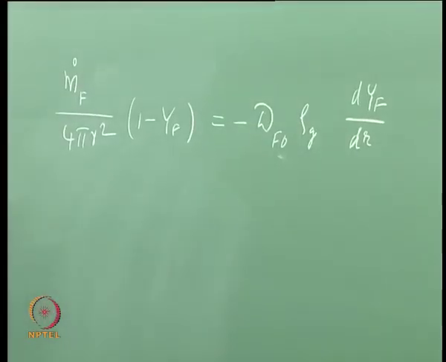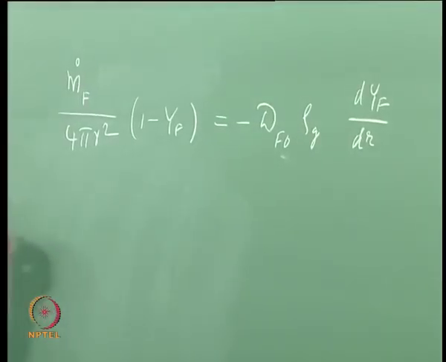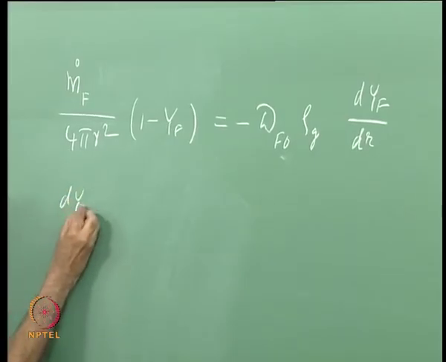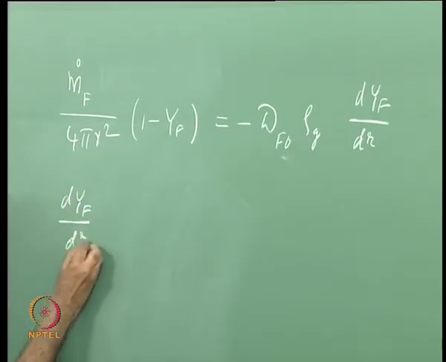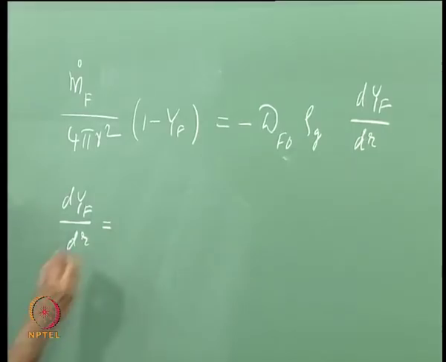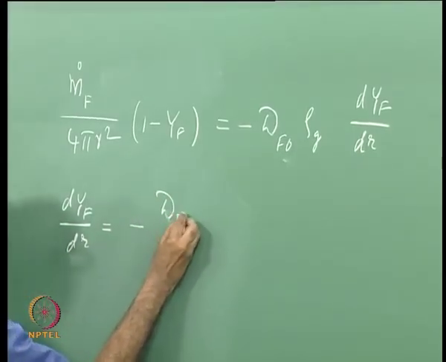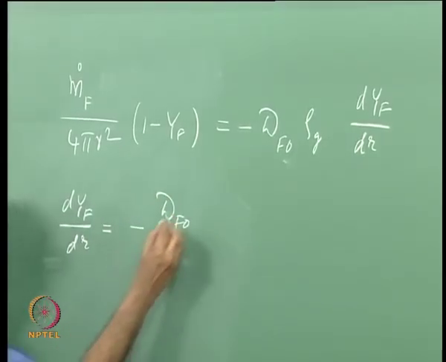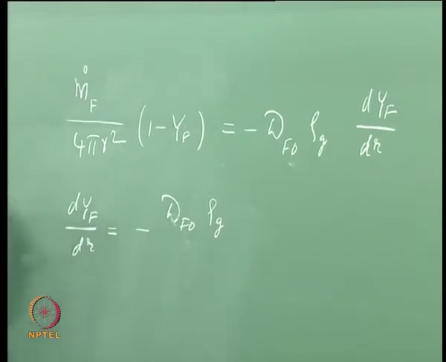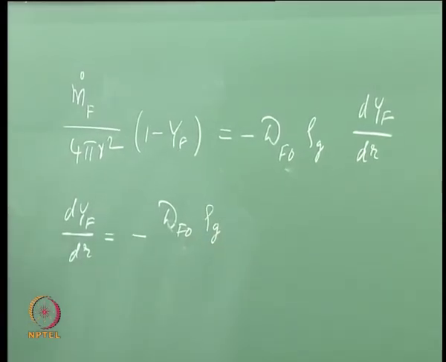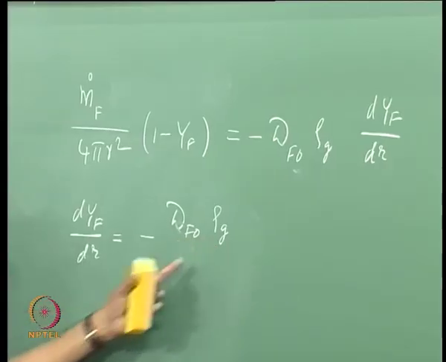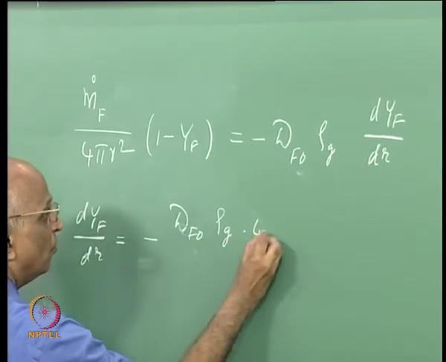I play with this equation a little bit, I simplify it, and now I say dYf by dr is equal to minus, let us make sure we are doing things correctly, D_F0 into rho g into 4 pi r square.